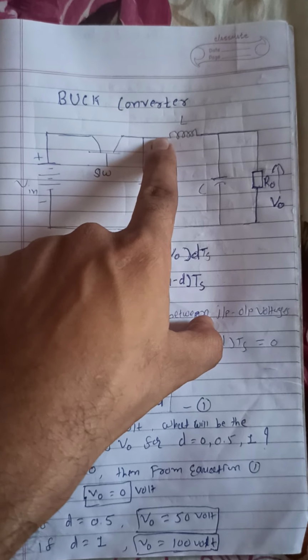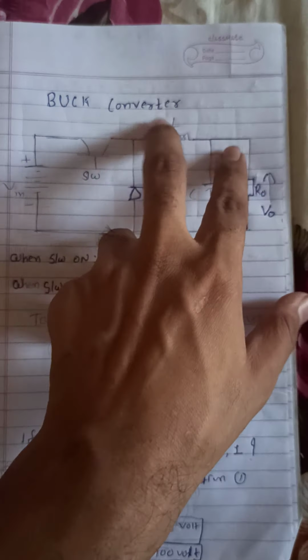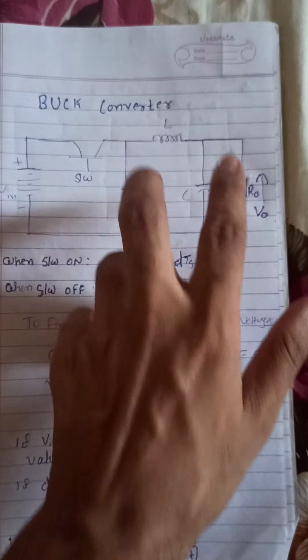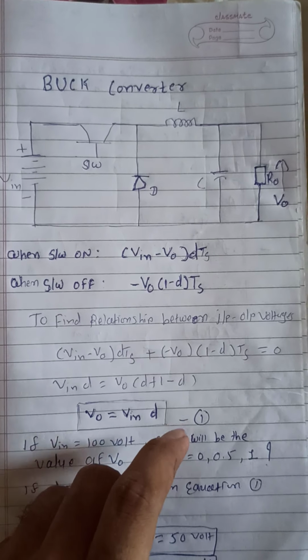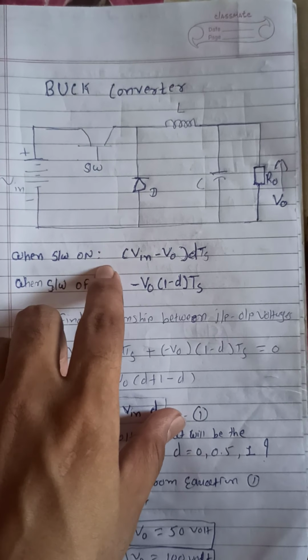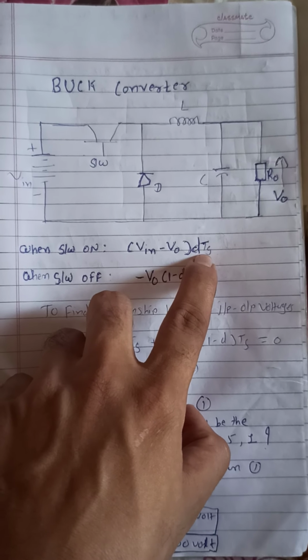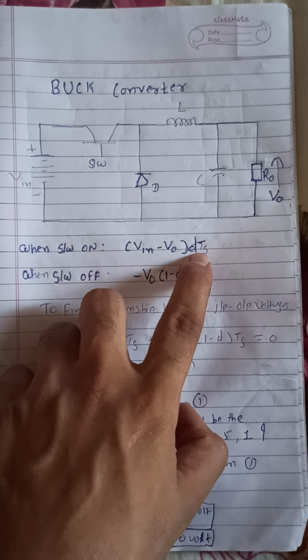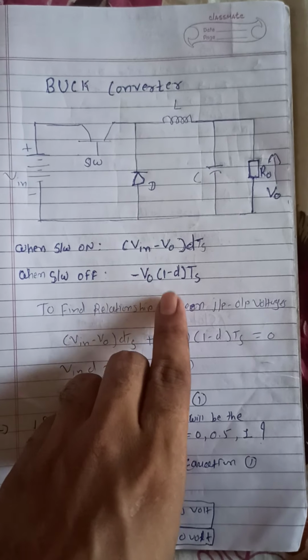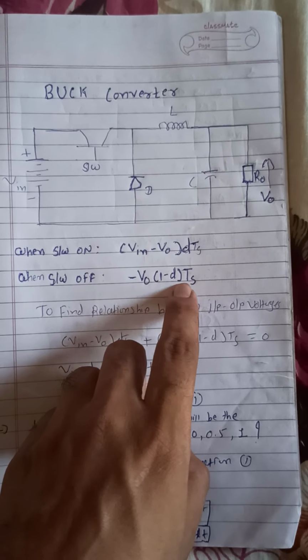So ultimately, when the switch is on, voltage across the inductor is V in minus V0, into DTs. DTs is the on period of the switch, and 1 minus D into Ts is the off period of the switch.